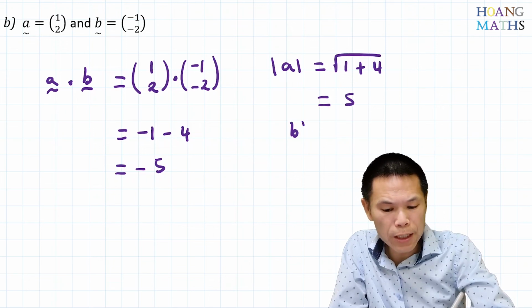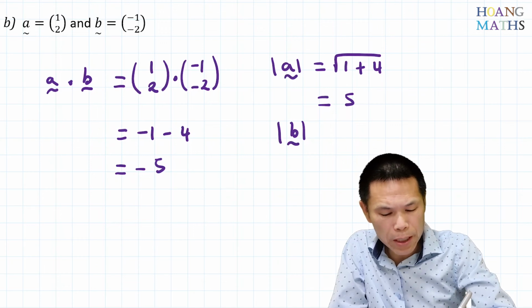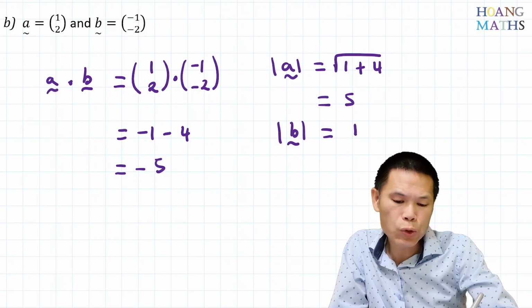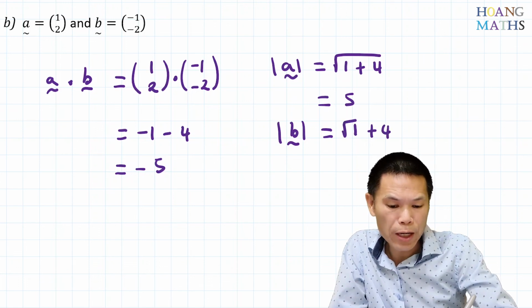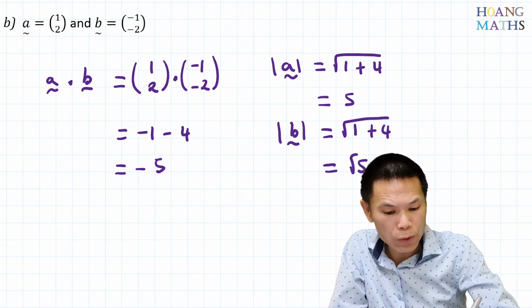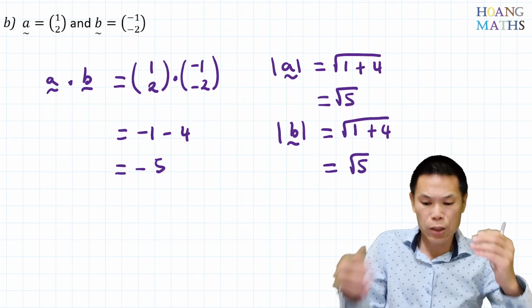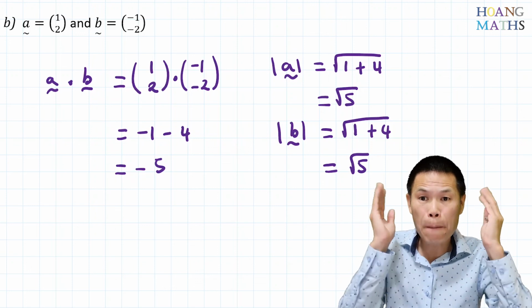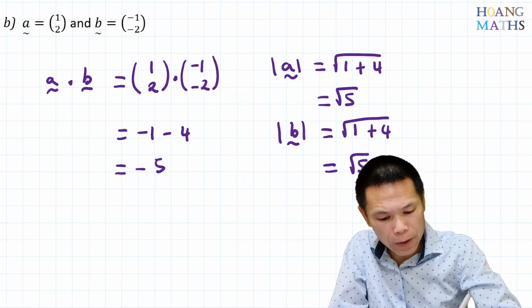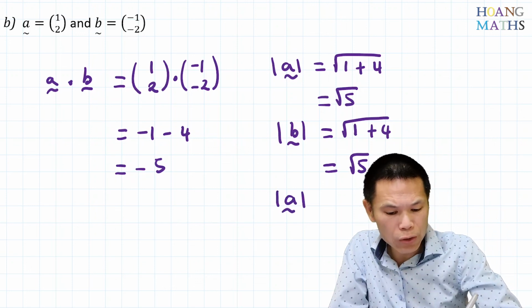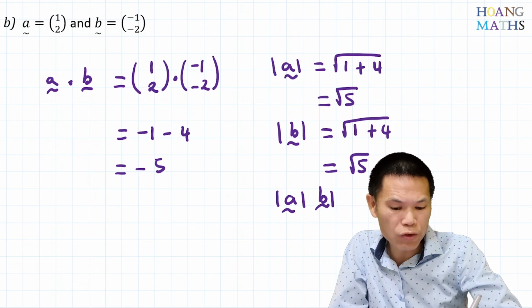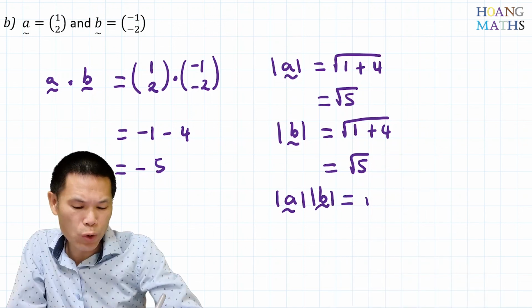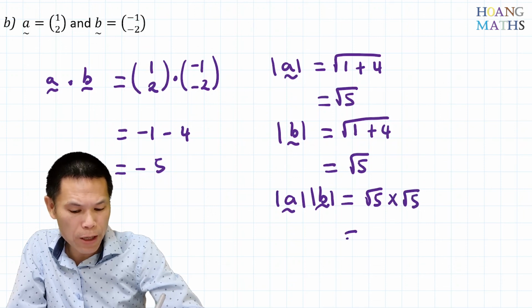And magnitude of B: negative 1 squared is 1, negative 2 squared is 4, and we add them up, that gives me square root of 5 as well. So now magnitude of A times magnitude of B is square root of 5 times square root of 5, so that gives me 5.